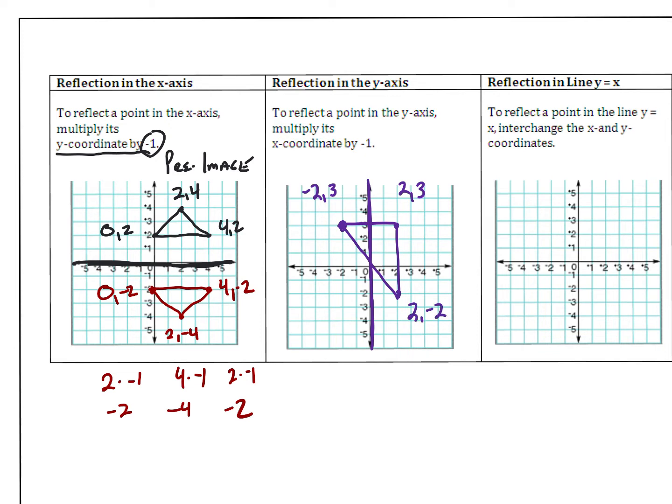Then to reflect this over the y-axis, I'm going to multiply all the x-coordinates by -1. What's interesting is that these two stay the same, because that's a line across there. Only now this becomes (-2, -2). So my reflection looks like that.